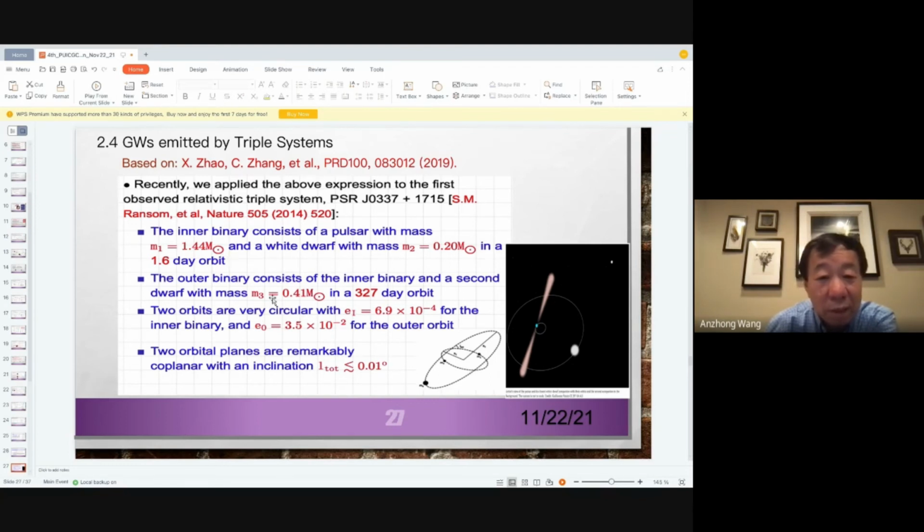And the third one is also a white dwarf, with a mass of 0.41, which forms another orbit, with a period of about 1 year, 327 days. The 2 planes of the orbits are almost coplanar.